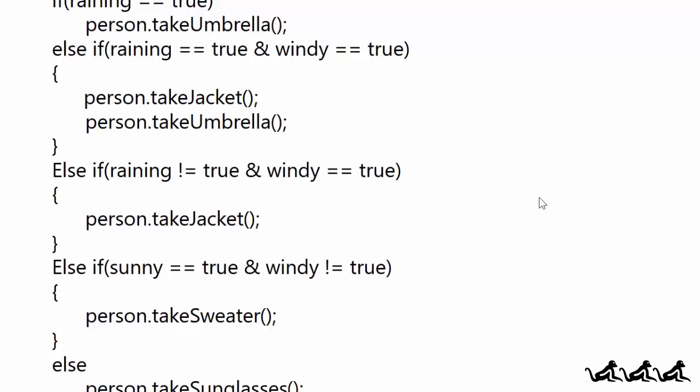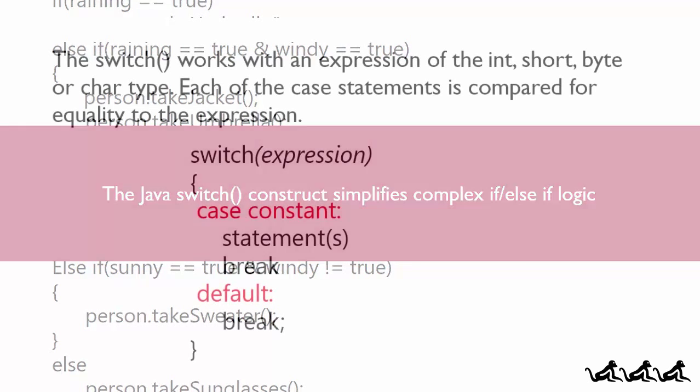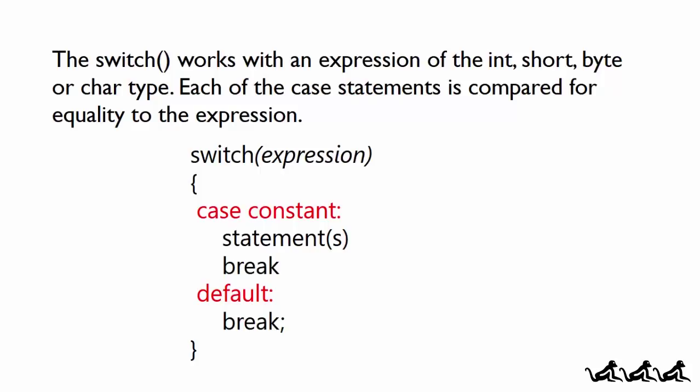It could be tempting to use the if, else if, else if, else if, and on and on and on structure to build some complexity in the flow control of your program. But Java offers us an alternative in the switch construct that allows us to really simplify the logic that we use to control flow.